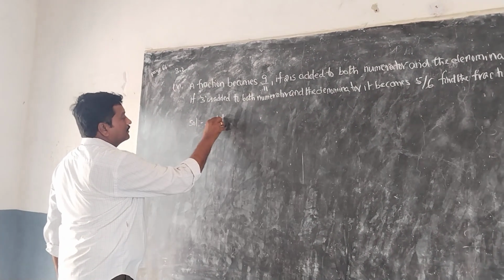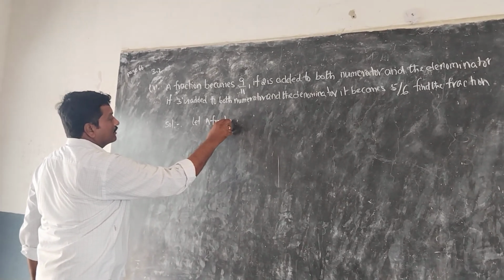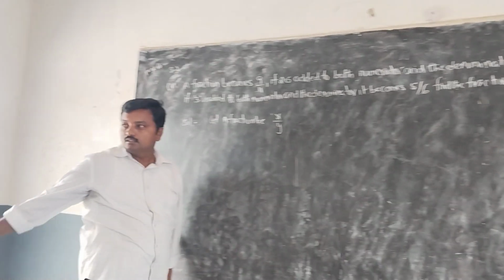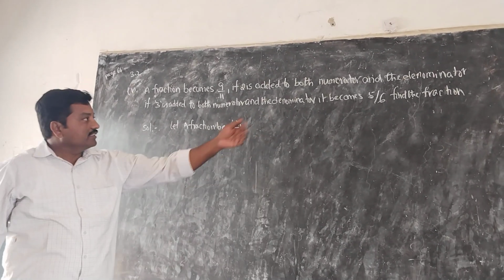Let the fraction be x by y. So x is the numerator and y is the denominator. What is given?